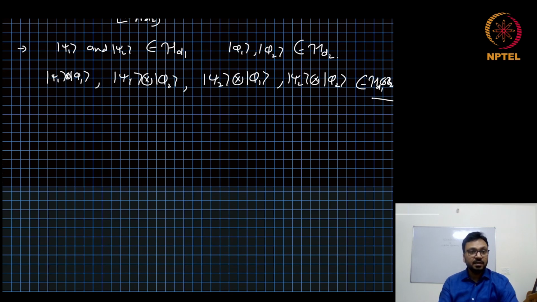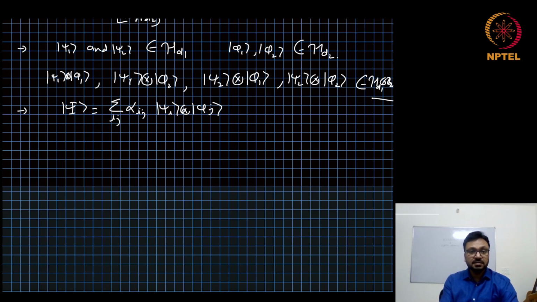If this bipartite quantum system can be treated as a single quantum system, then by the first axiom of quantum mechanics, the system can be in a state which is a superposition of any of its states. So a system can be in the state sum over ij of alpha ij psi i tensor phi j.